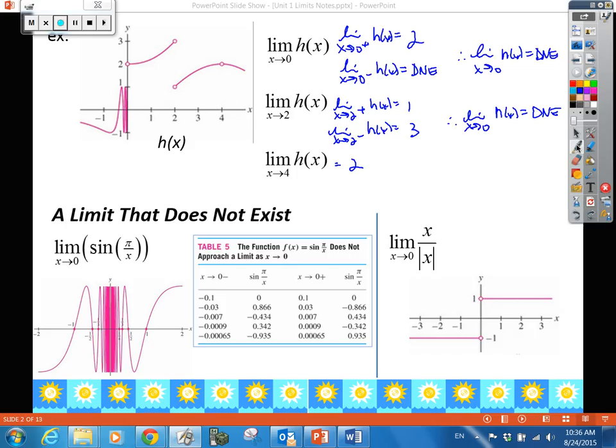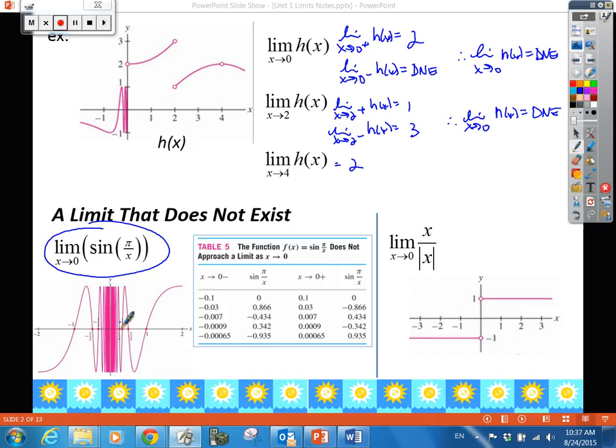Okay. Alright, so let's take a look at this limit. You may have even done this one in pre-cal. But graphically, if you put this in your calculator and you zoom in at an x of 0, the more you zoom in, the crazier it looks. Crazy oscillating behavior. So this one does not exist because of oscillating behavior.